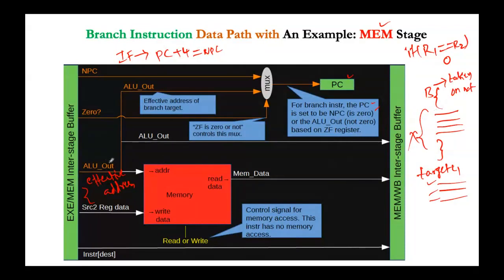After the ALU, meaning before that you have the execution stage. In this execution stage, your ALU is computing the effective address. Until the effective address is calculated, we don't know whether that branch will be taken or not. So that's the meaning here.